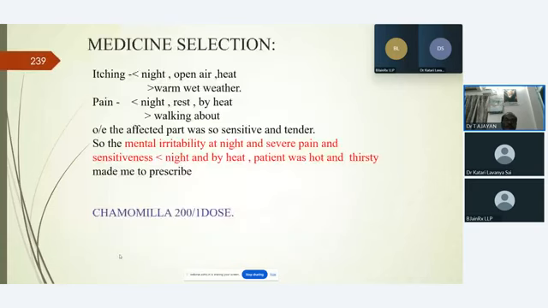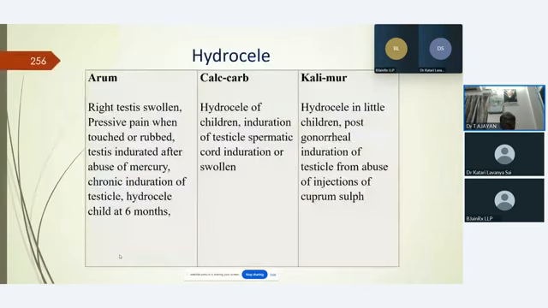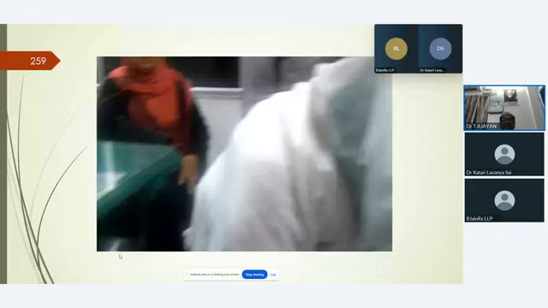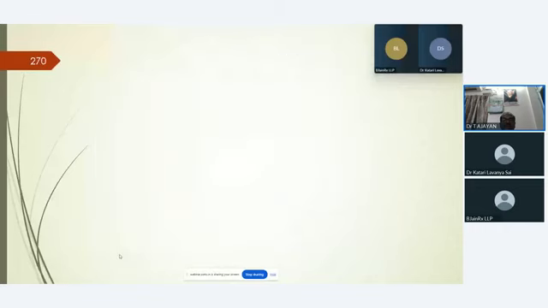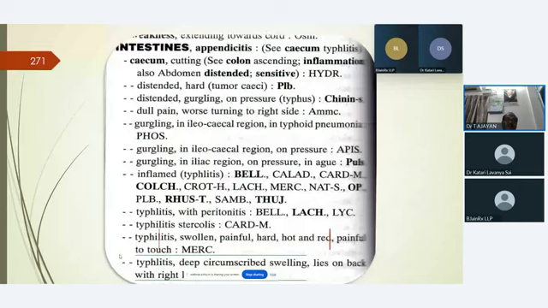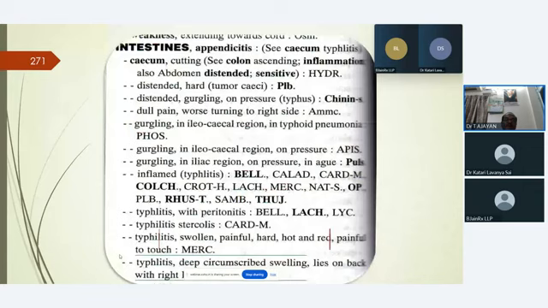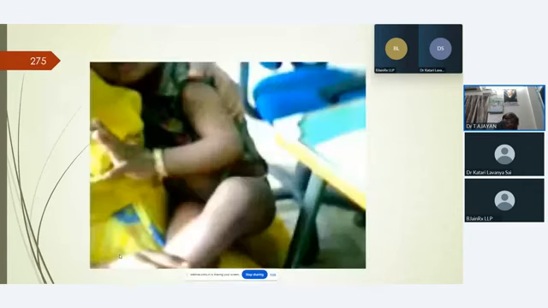Then another case. It's a case of appendicitis. Typhlitis, deep circumscribed swelling, lies on back with the right knee drawn up. Look here, it's the first time I see this video.